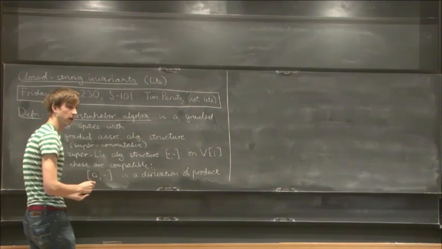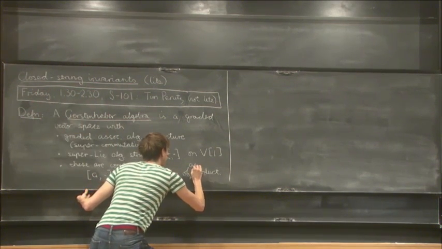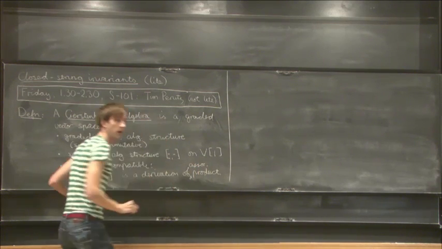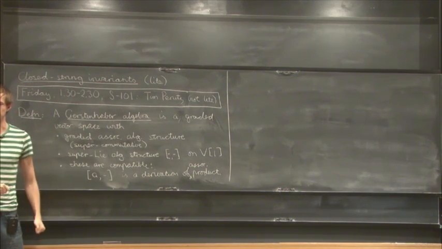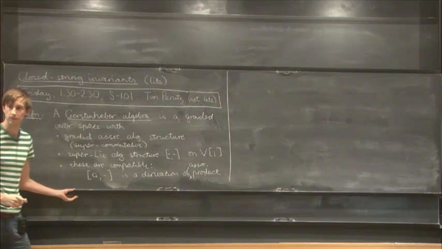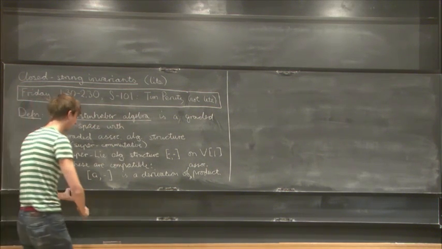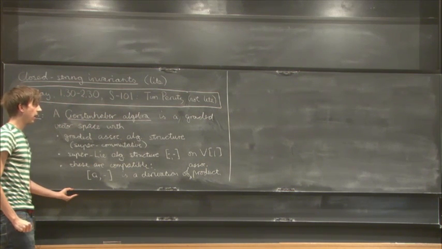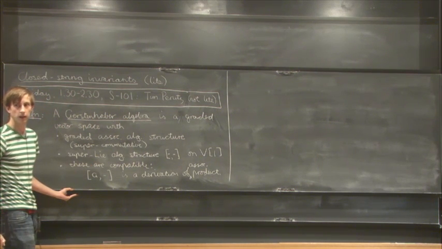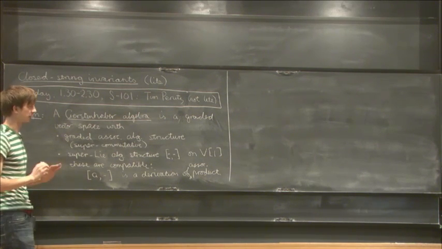Is it a derivation for the associative product? Yes. There's like one sign difference. Yes, except the bracket has a degree. So implicitly the grading is either by Z or Z mod 2. You don't have a Z mod 7 grading.